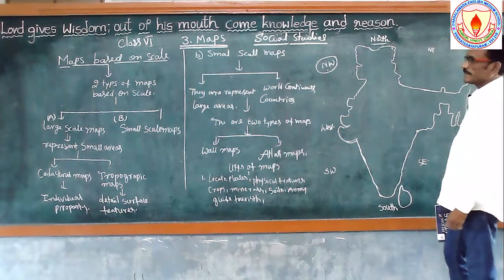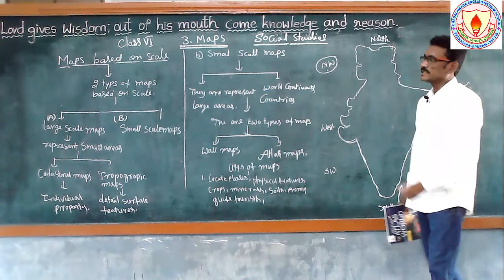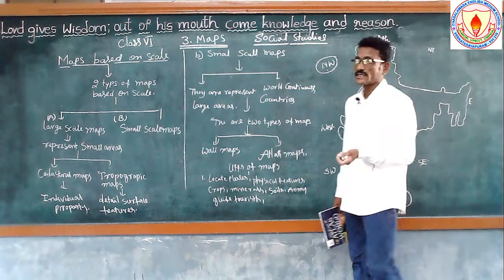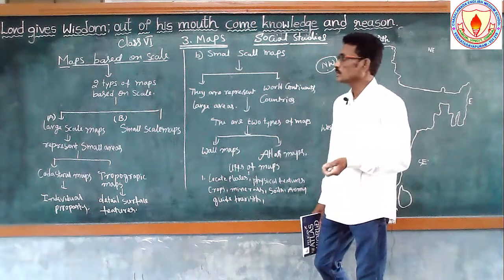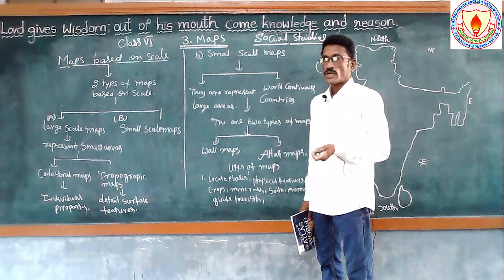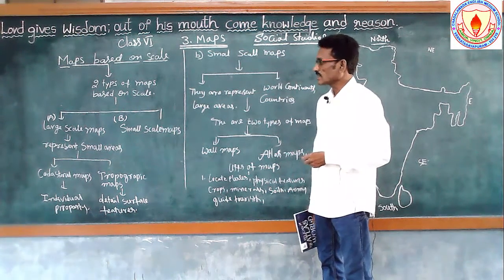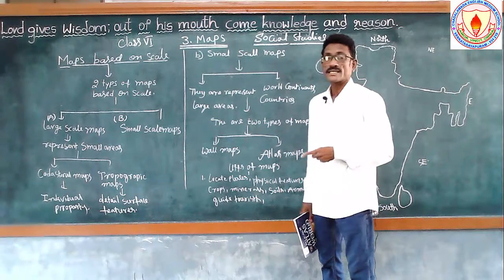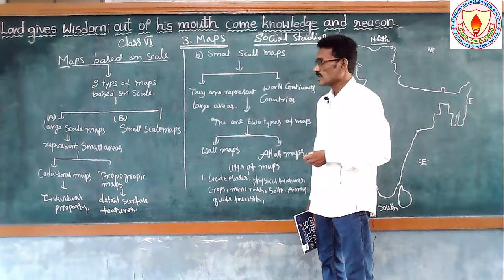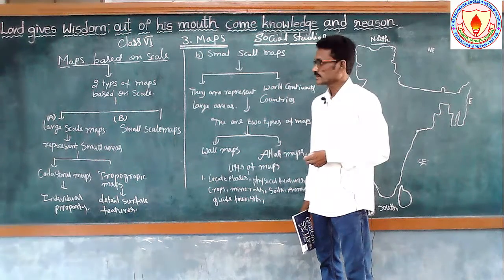The major maps based on scale are mainly divided into two kinds. One is large scale maps, and the second is small scale maps.